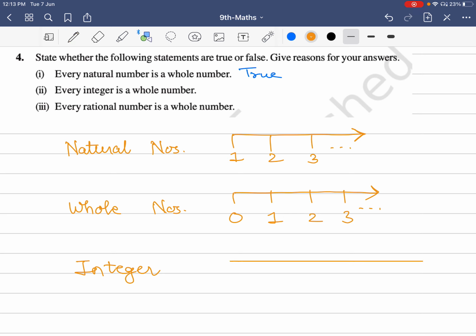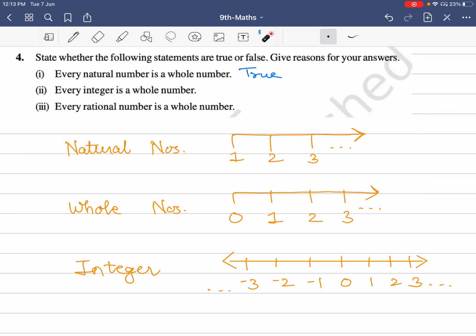It consists of, let's say, -3, then -2, then -1, then there is 0 here, and then we have 1, 2, and 3. So this is our integer number line, and yes, the dots are very important. This is infinite.